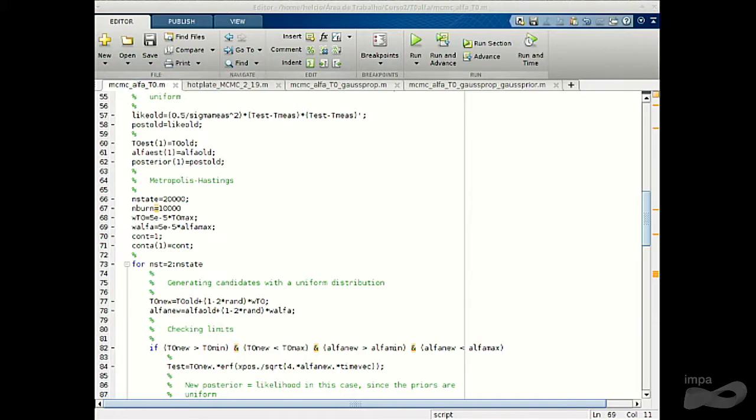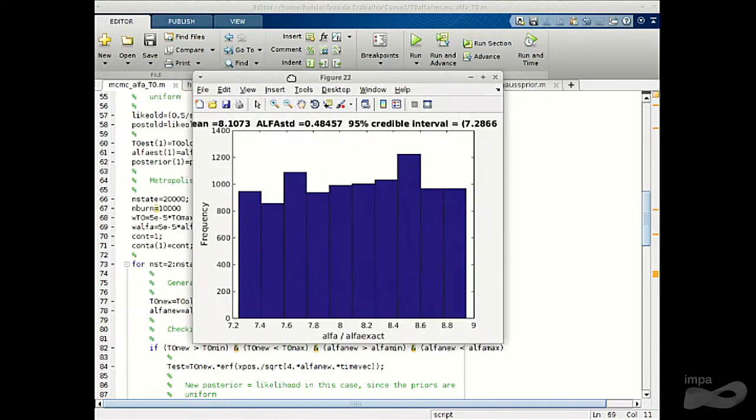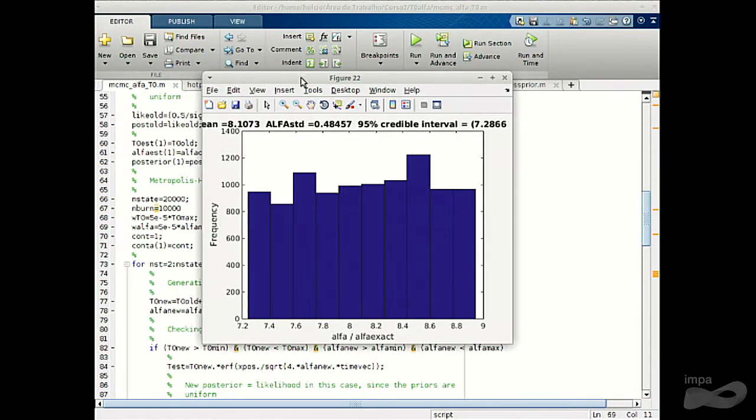This is the histogram for alpha. See, it's not 10 anymore, but it's still not 1 as it should be.